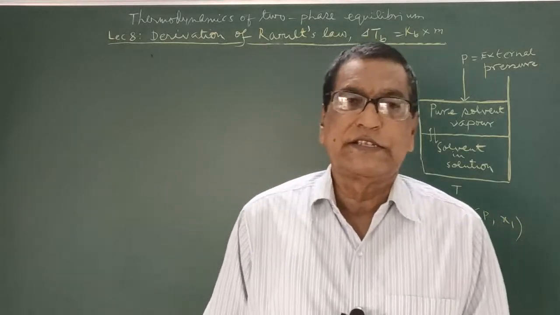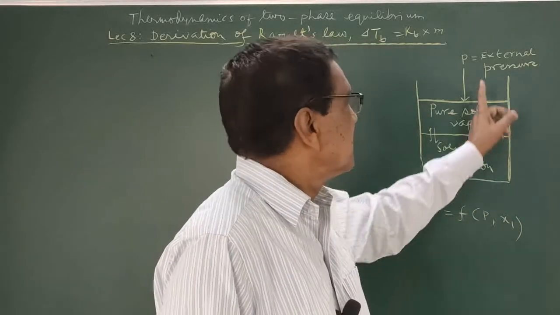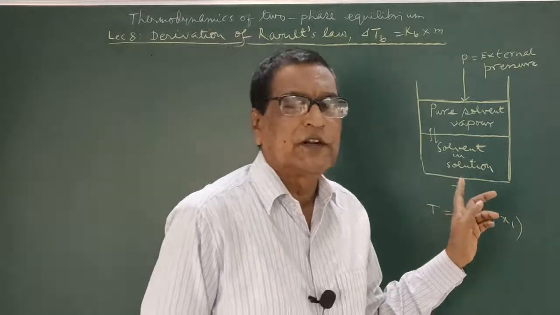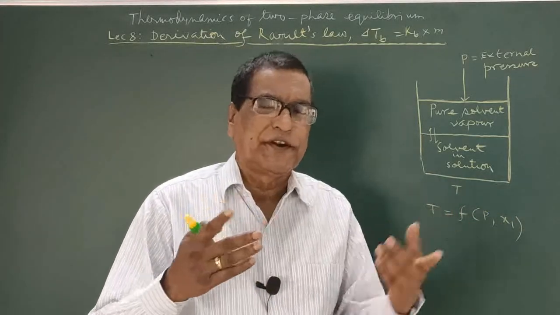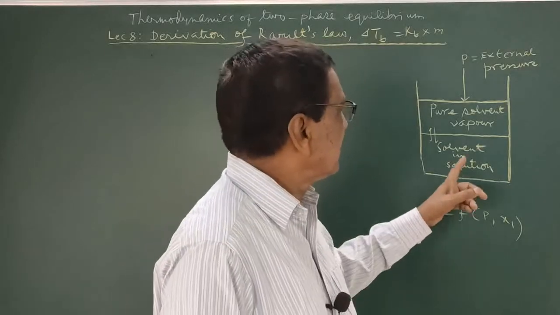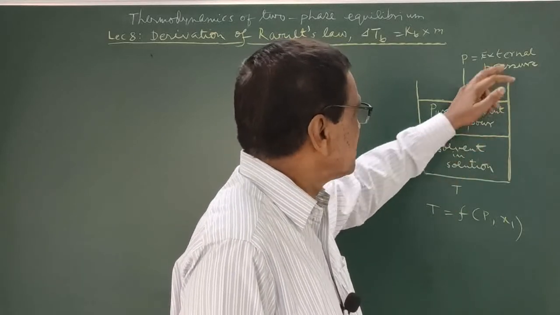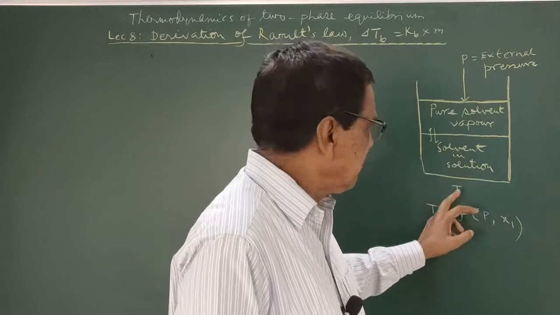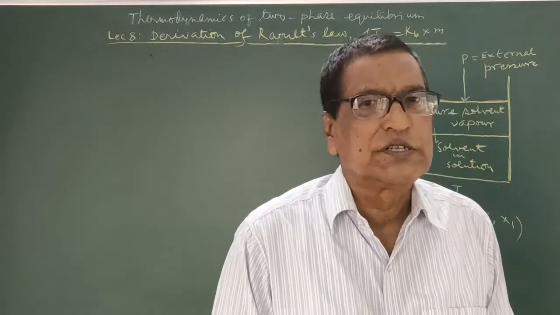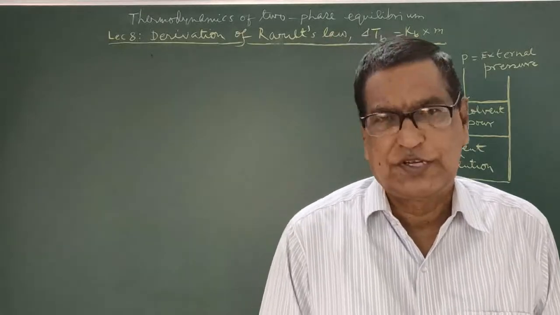If we raise this external pressure P, then the boiling point of the solution will also increase. And this relation of the external pressure with the temperature has been elaborately discussed in the Clausius-Clapeyron equation.